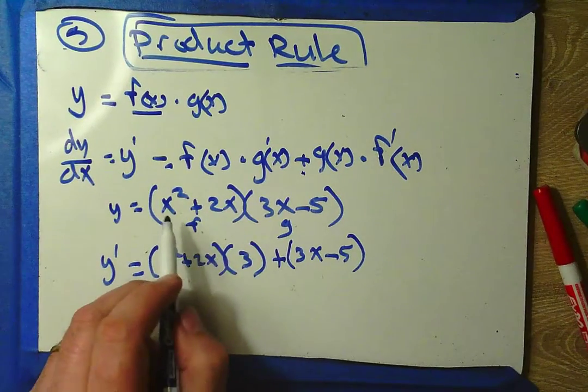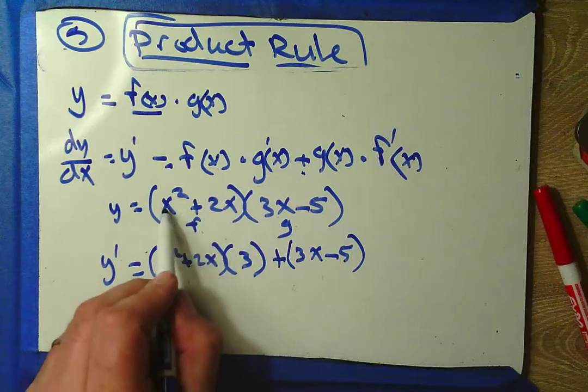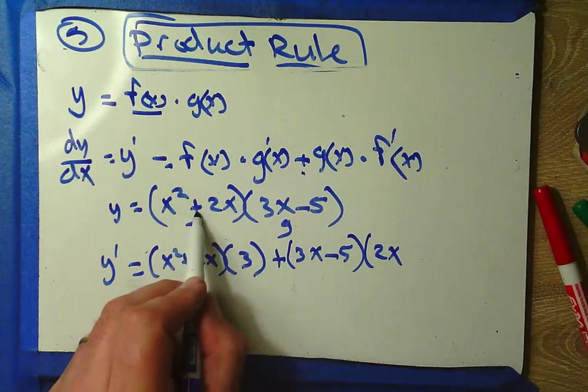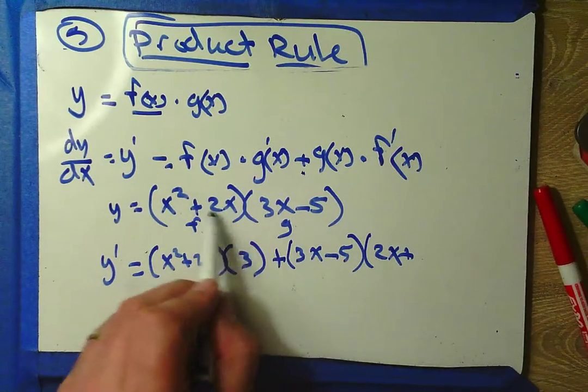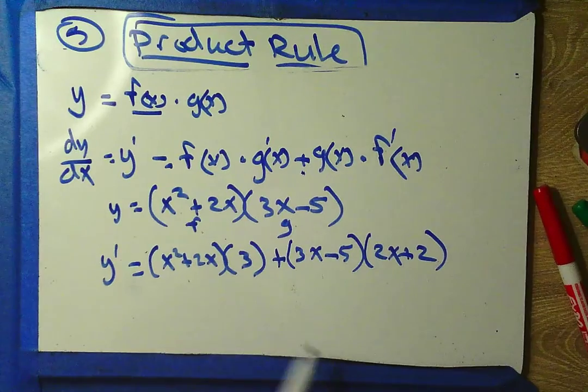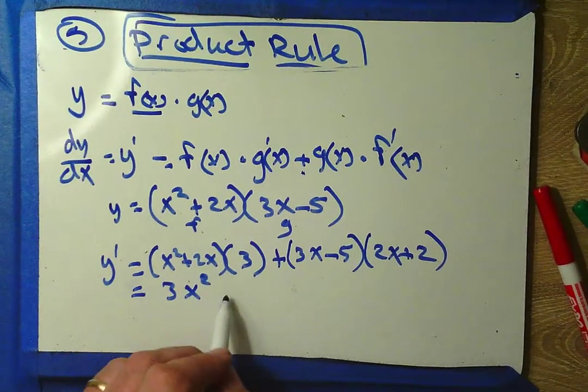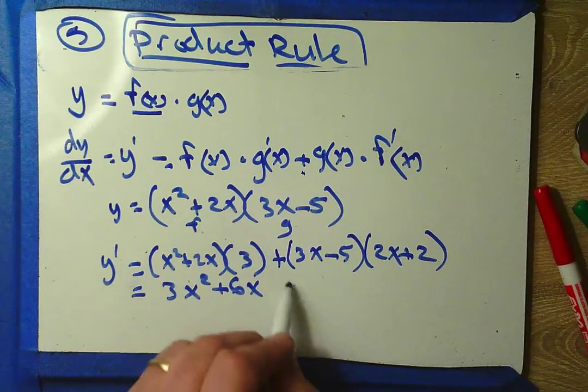Well, we learned a few minutes ago that the derivative of a sum is the derivative of each of these pieces. The derivative of x squared is 2x, then we have our plus, and the derivative of 2x is 2. Yes, it would be good for you to be FOILing this out, or distributing and combining like terms.